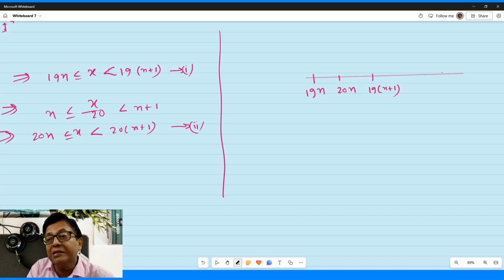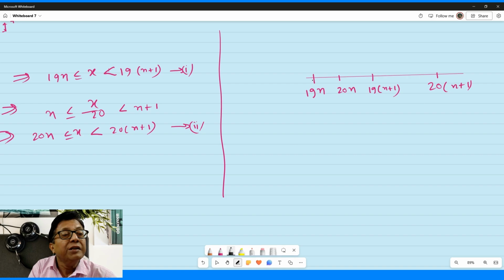Then 19n plus 1 and then 20n plus 1. The first one is equal to 19n and less than 19n plus 1, so I put a blank over there. And the next one is in between 20n and 20 into n plus 1. This will be included and this is not included, so put a blank over there also.